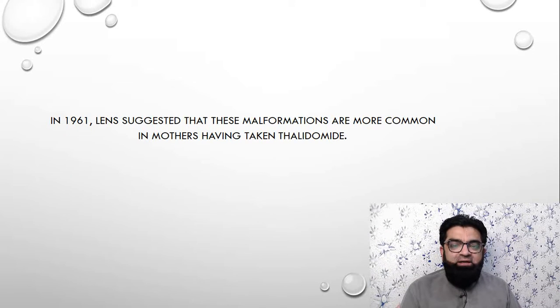After collecting data in this format, in 1961, another scientist, Lenz, suggested that these gross limb malformations are seen more commonly in mothers who are taking a drug called thalidomide. So they couldn't find anything from mother's demography or comorbid conditions, but some environmental factor. Some mothers who were taking thalidomide seemed to be more associated with gross limb malformation.